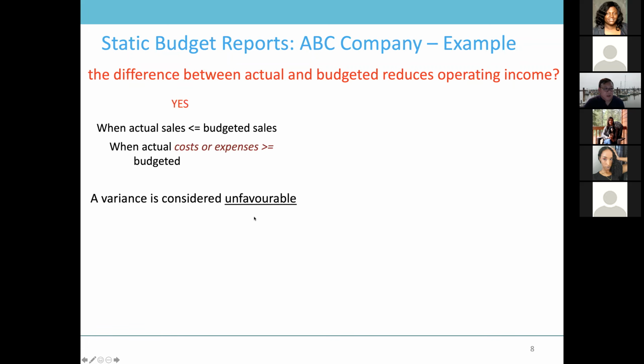So what kind of difference will be in this category? When your actual sales is less than budgeted sales, that's going to reduce your operating income, so that's unfavorable.